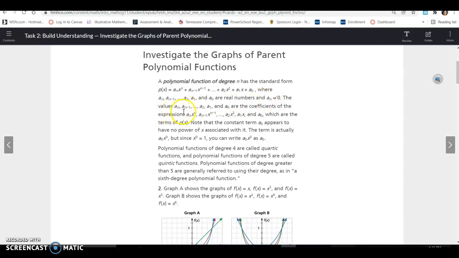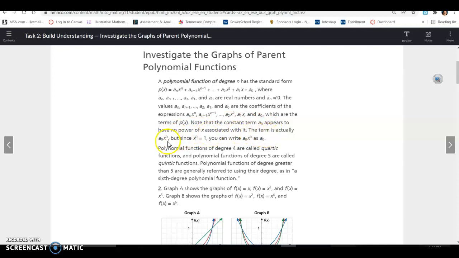All right, so the values of all these different leading coefficients are the coefficients of the expressions a sub n x to the n, and so on, and a sub 0, which are the terms of p of x. Note that the constant term a sub 0 appears to have no power of x associated with it.